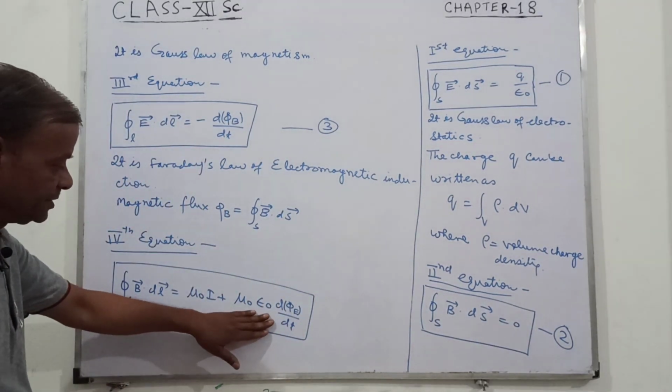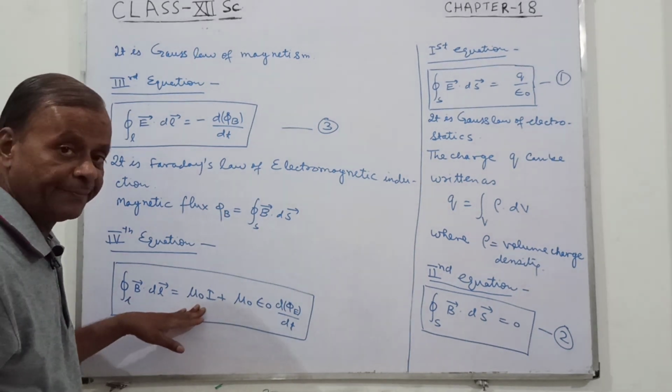If you drop the second term in this, then you will have so much. This is the Ampere's law.